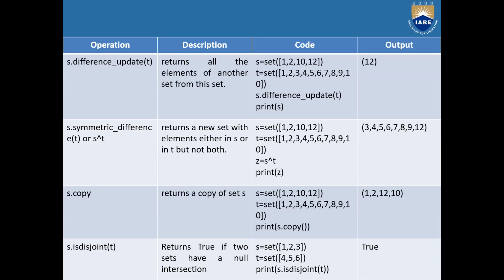It returns true if the two sets have a null intersection. That is nothing but we are having two sets which don't contain common elements between them. Then we will say that as null intersection. And it will be returning a true value if the two sets have null intersection. That is the use of disjoint.